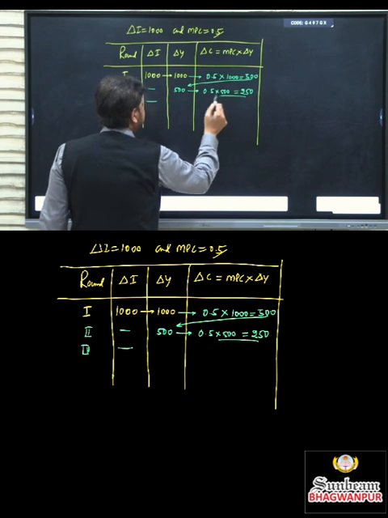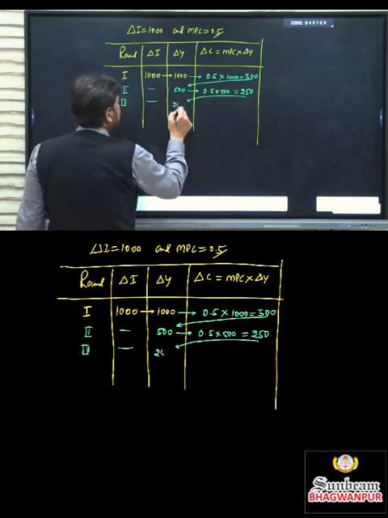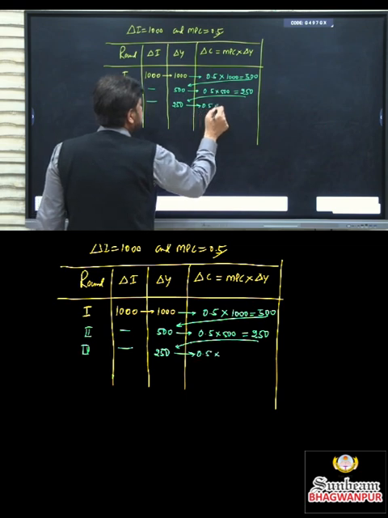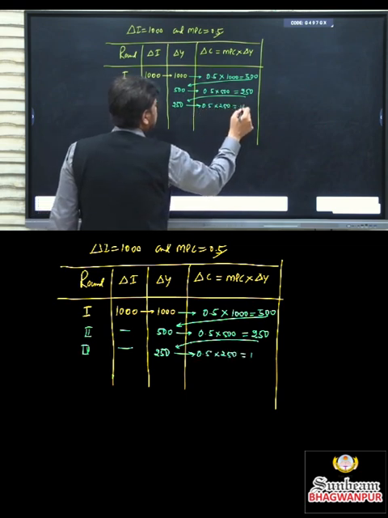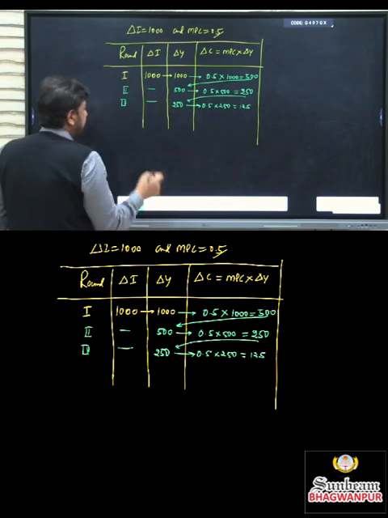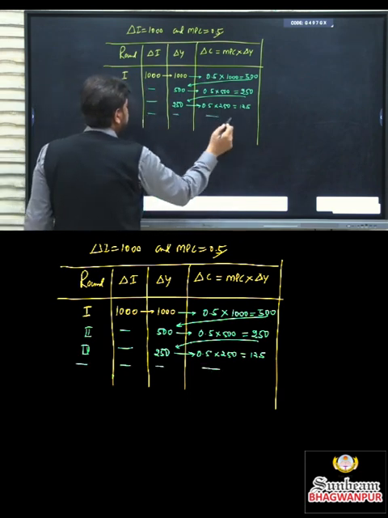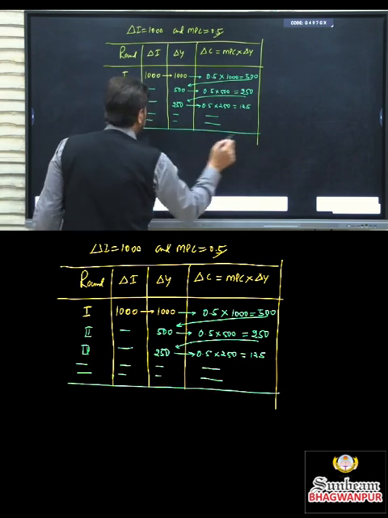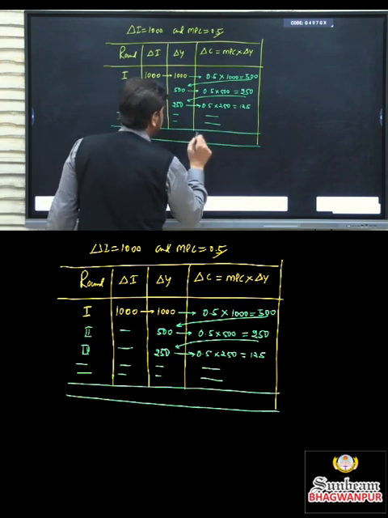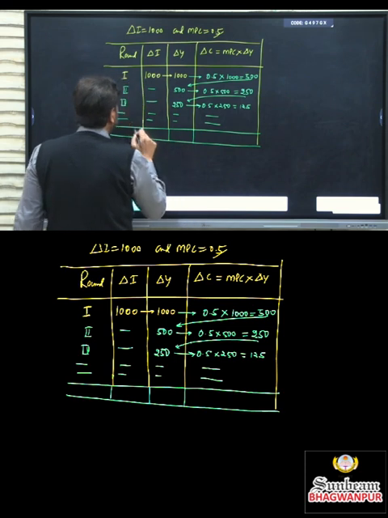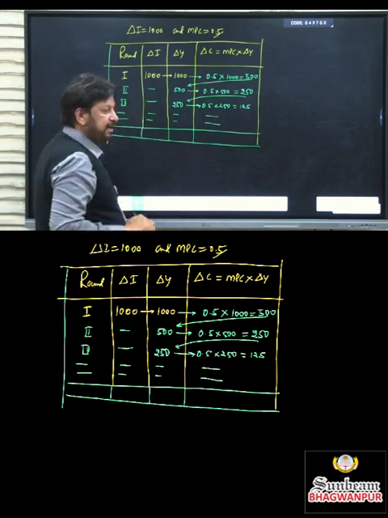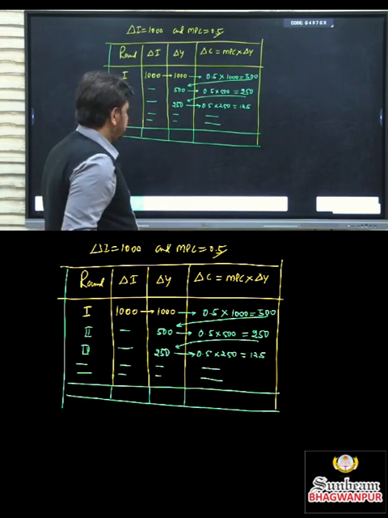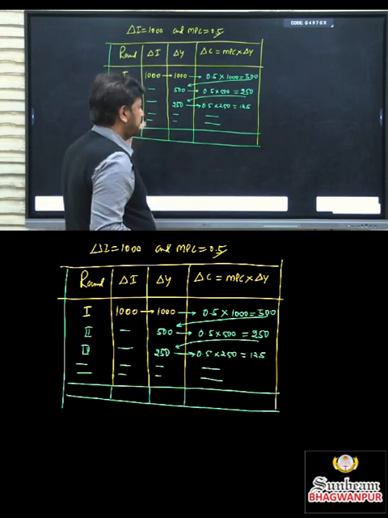The same increase in consumption will be income for someone else, leading again to a rise in consumption, and this process goes on till delta C in the economy becomes 0 or almost negligible.